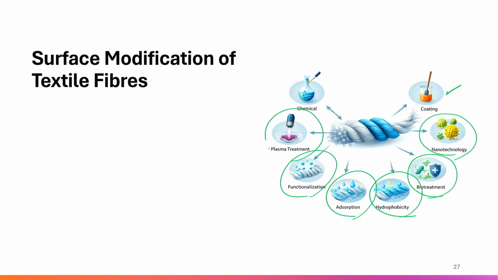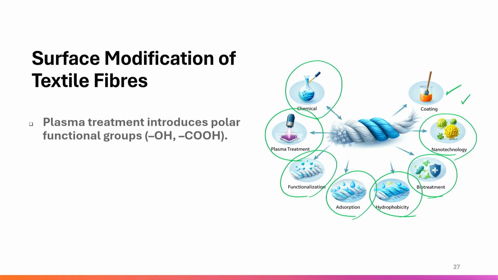Plasma treatment, as we have already discussed, or chemical treatment, can modify the surface of textile fibers. So, we can modify in many ways, and we use this modified fiber for different applications.